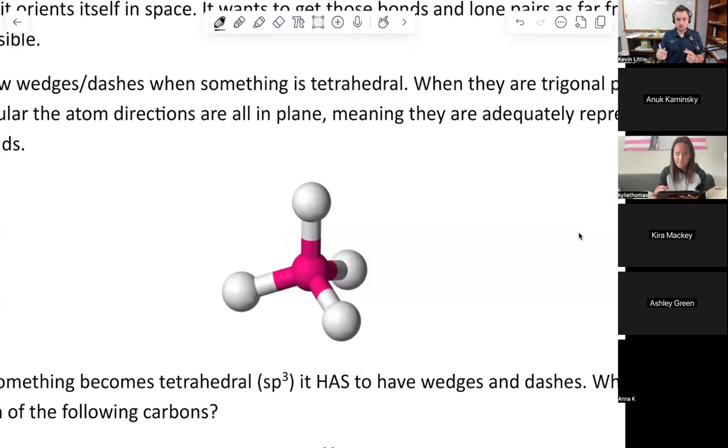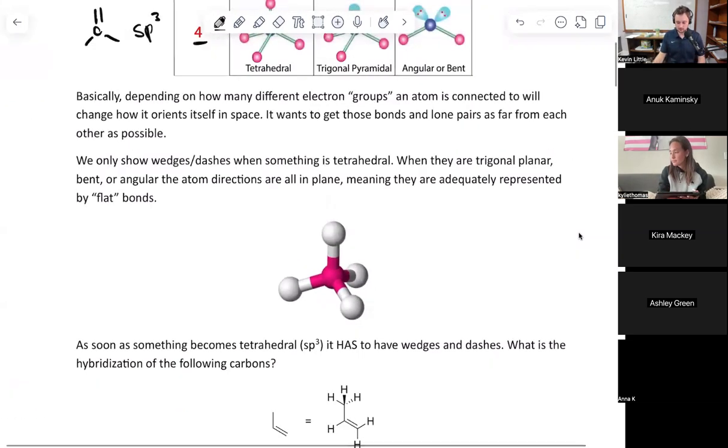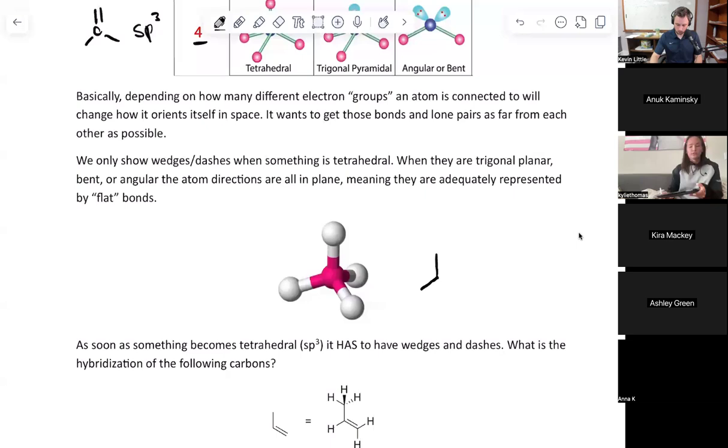In order to properly orient any sp3 atom in space, I'm going to have two things that are in plane with the page, one thing that is coming out at me, which is this guy, and one thing that is going back into the page. This is for every single sp3 atom. This is how it is most stable in space.